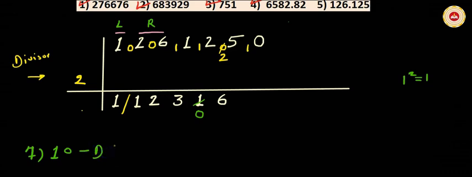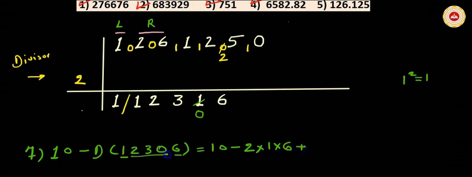So duplex of these 5 digits, 1 2 3 0 and 6, which is equal to 10 minus, how to calculate duplex of 5 digits? 2 times the product of these end digits, 1 cross 6, plus, now these 3 digits, we have to calculate the duplex of the inner 3 digits.